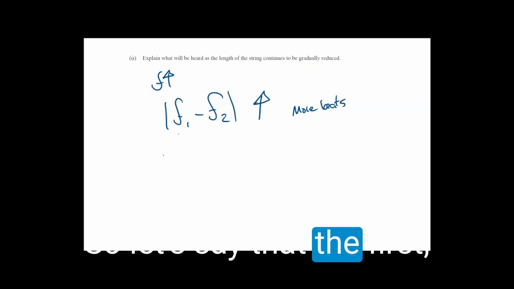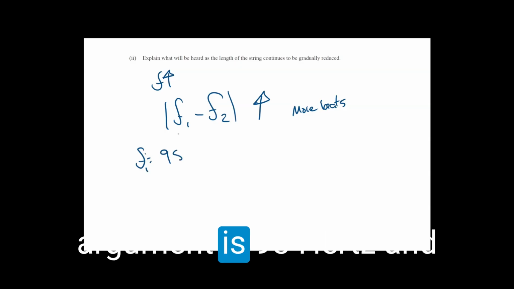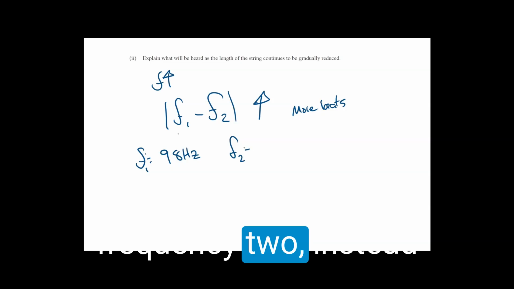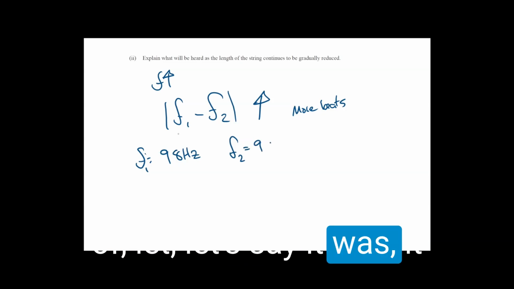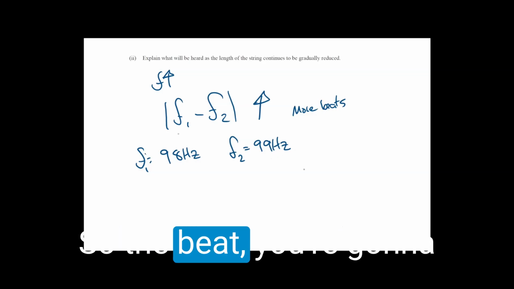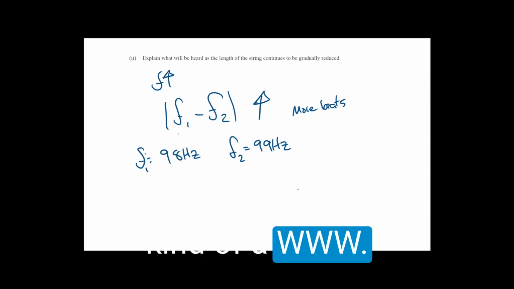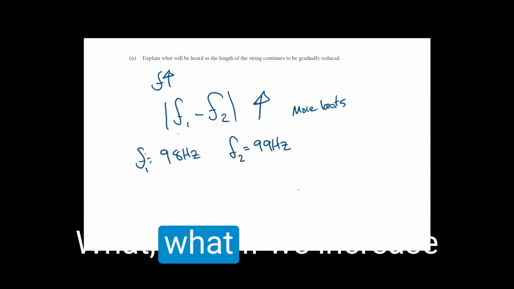So let's say that the first frequency, for the sake of argument, is 98 hertz, and frequency 2 started at 99 hertz. So you're going to get 1 beat per second, a kind of whoop, whoop, whoop.